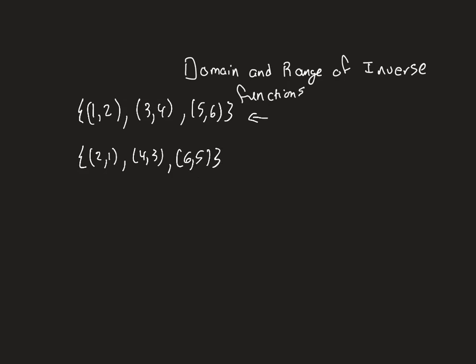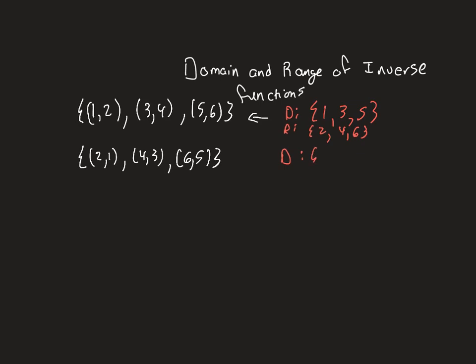So if I were to look at the domain for the first one, well, the domain for the first one was 1, 3, 5. And the range was 2, 4, 6. Remember, always in order from lowest to greatest.